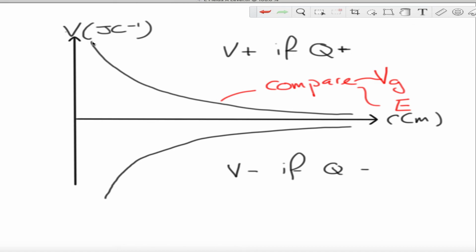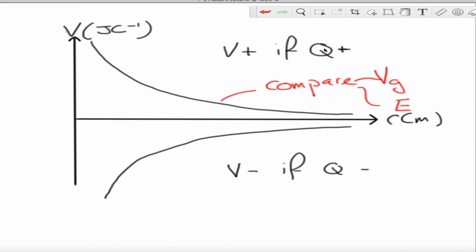So you have this 1/r graph. Now, if you compare this to gravitational potential, you'll remember gravitational potential is always down here. It's always negative. So here you have a graphical demonstration of one of the differences between electric and gravitational fields.